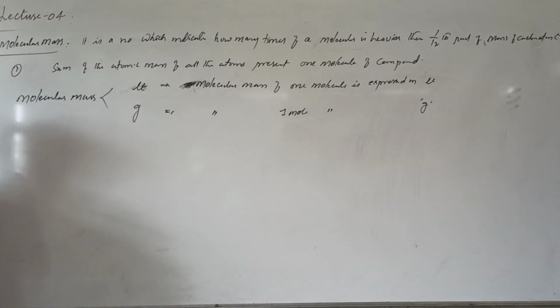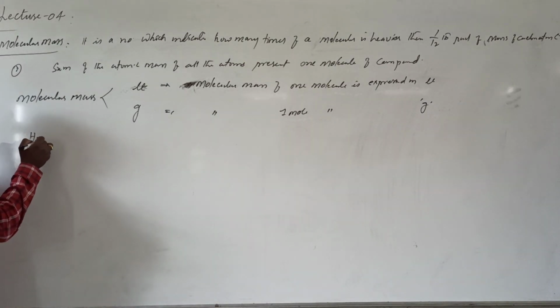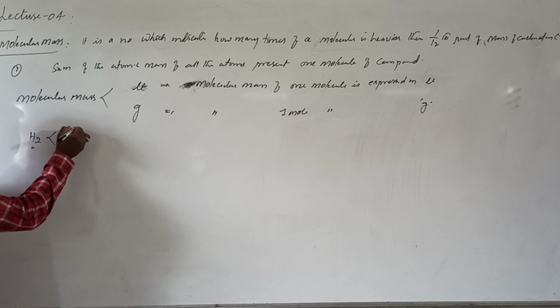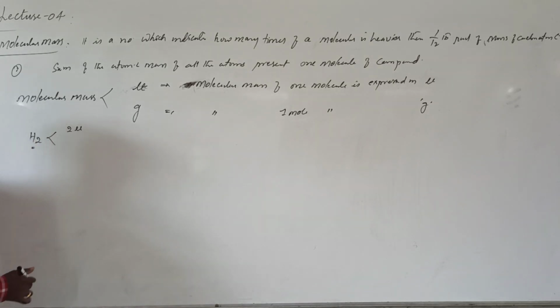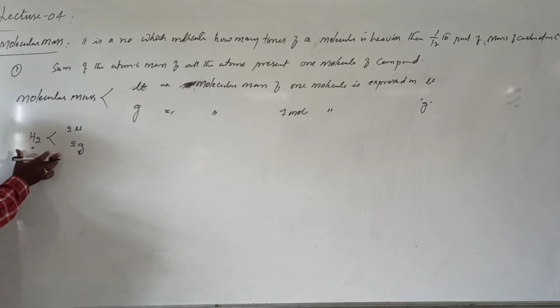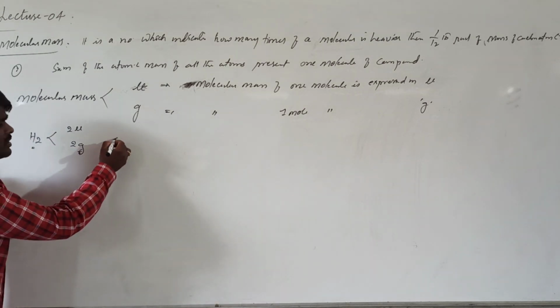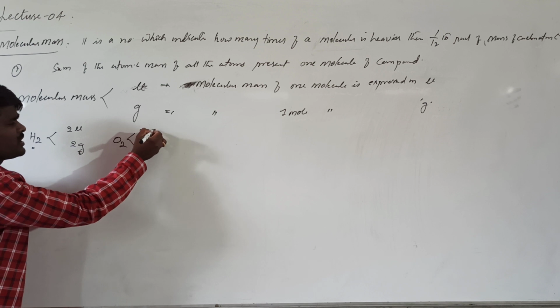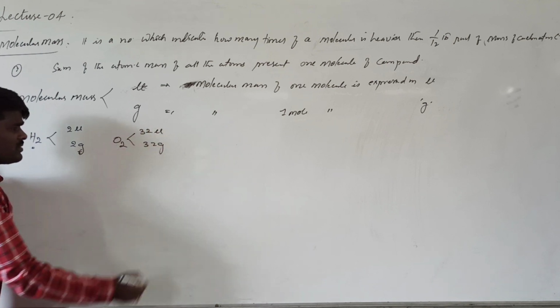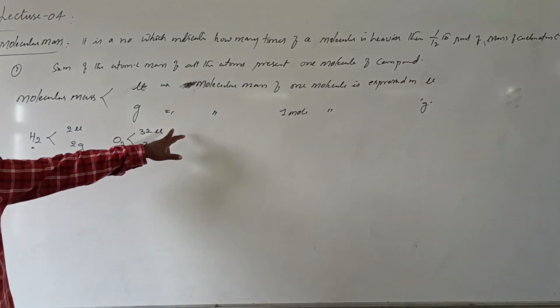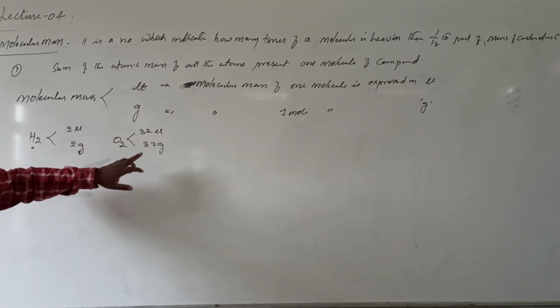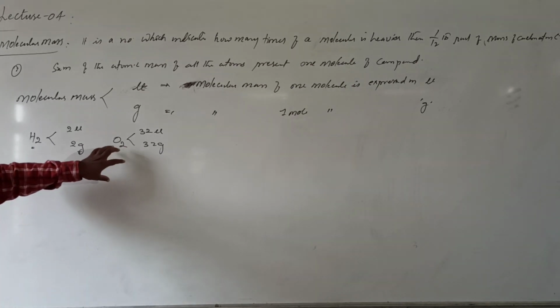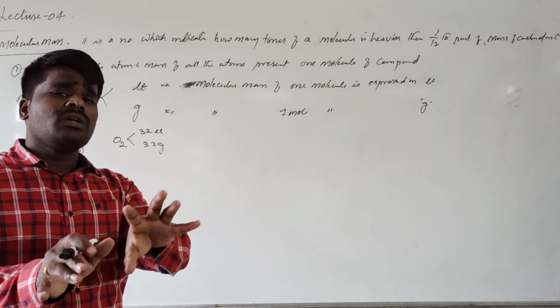Suppose you are talking about hydrogen molecule, if you say it is 2 unified mass units, that means you are talking about the mass of one hydrogen molecule. If you say it is 2 grams, you are talking about the mass of 1 mole of hydrogen molecules. In a similar manner, for oxygen, you can express 32 u or 32 grams. When you express 32 u, you are talking about the molecular mass of one molecule of oxygen. When you express 32 grams, you are talking about the mass of 1 mole of oxygen molecules.